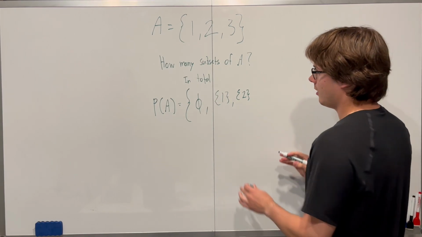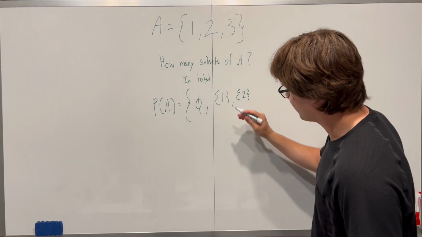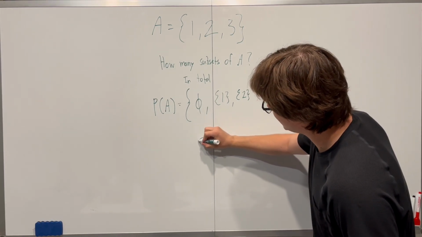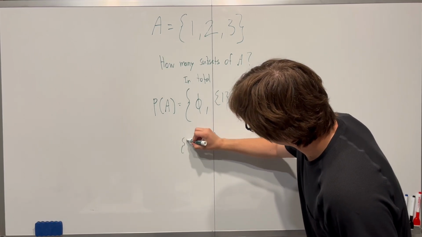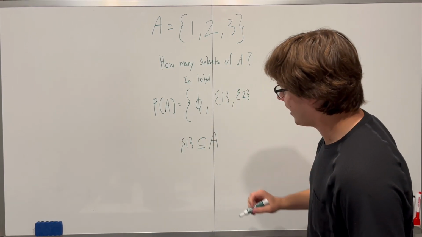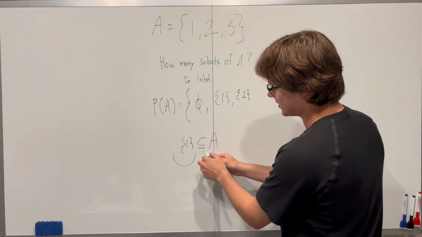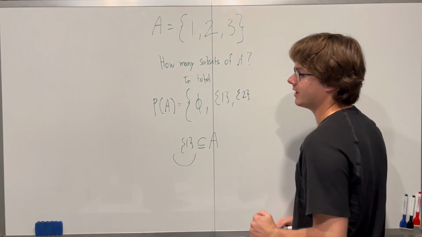Okay, let's stop. What am I talking about? If you're lost, again, what we're asking here is, if you have something that's a subset of a set, you're saying, okay, if we're saying the set 1 is a subset of A, we're basically saying everything on the left-hand side of this symbol here is part of what's on the right-hand side.